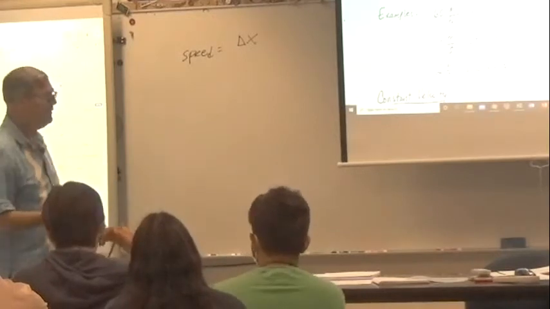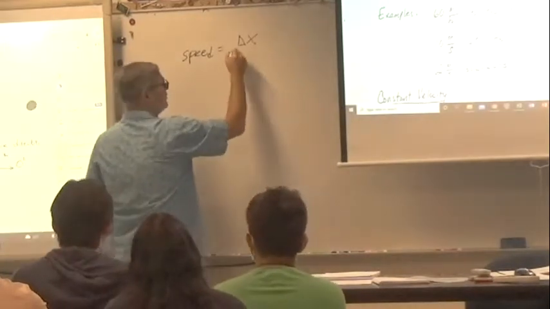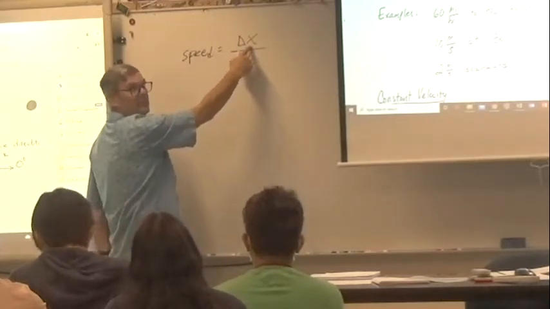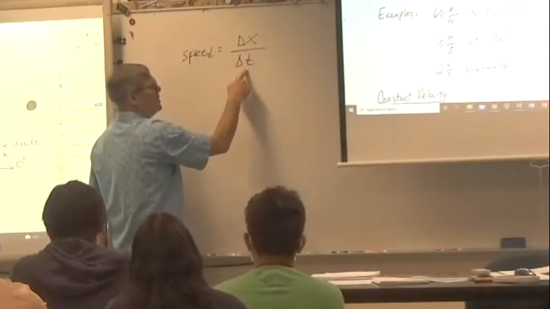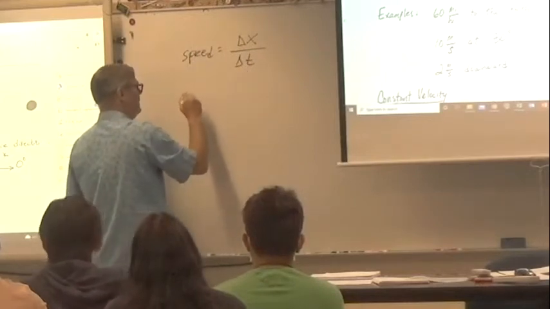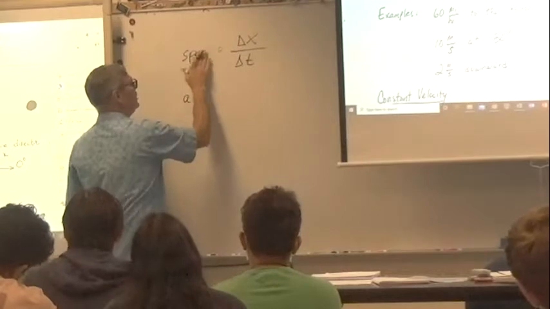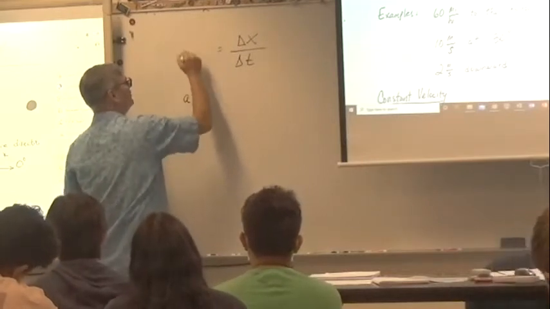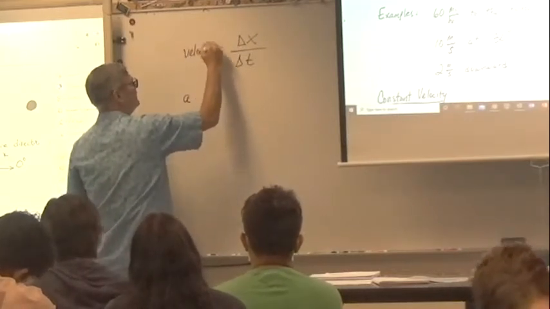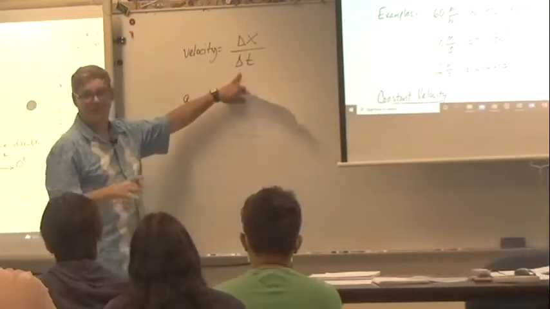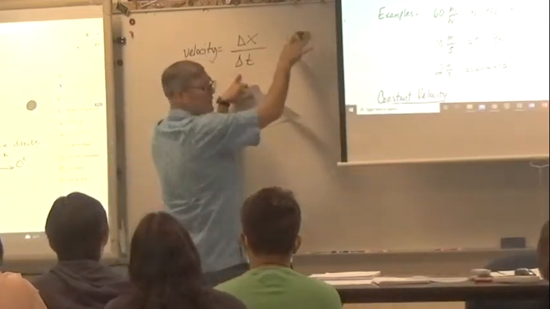That's a very common variable to use. And so we say the change in my position divided by the change in time. And then acceleration now. You know what, I'm going to change this to velocity. This is the magnitude. We call this the magnitude of the velocity. And then the direction is the direction.